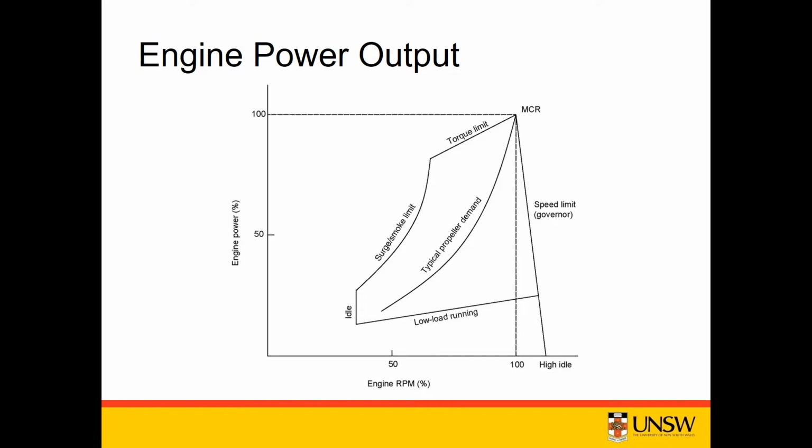If you design the propeller for MCR at trawling, and then want to see what the performance is free running, this propeller demand curve will shift across to the right and intersect the governor limit curve somewhere across to the right, and of course at a lower power than at the MCR.